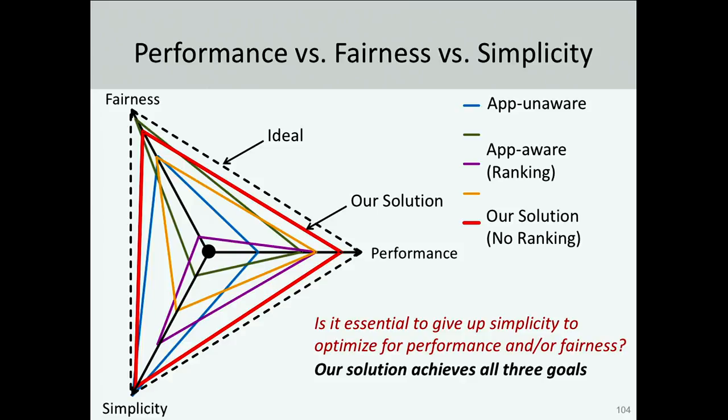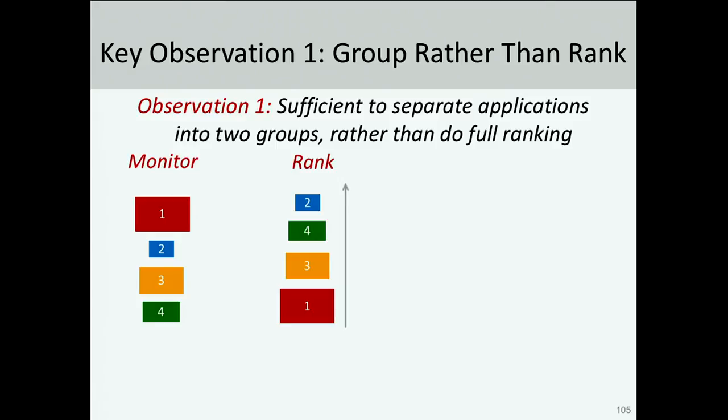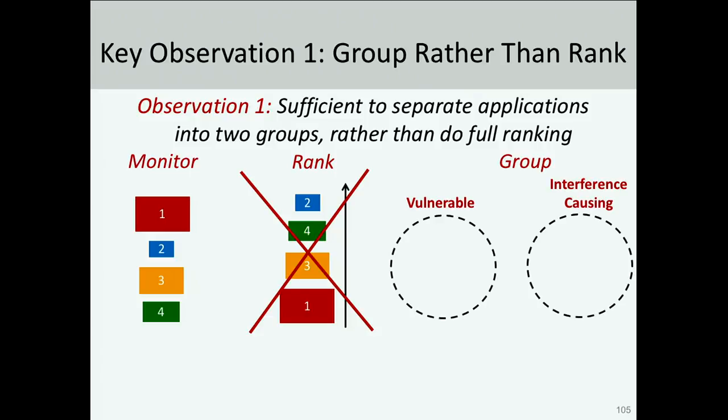Without ranking, you can achieve high fairness and high performance, maybe not as high as some of them, but at the benefit of very high simplicity. And there are two key observations that lead to this. One is, you don't need to rank between every single thread. You can group them. It's sufficient to separate the applications into two groups rather than do full ranking. Basically, you still want to monitor. Instead of ranking, we're going to form two groups, a vulnerable group and an interference-causing group.